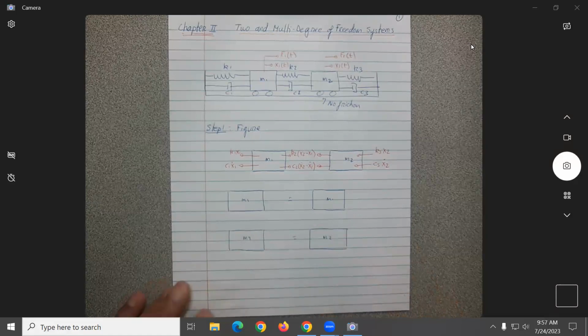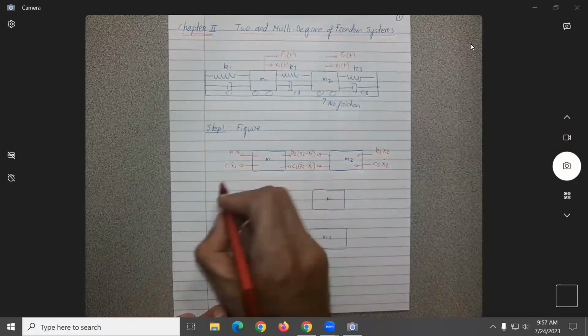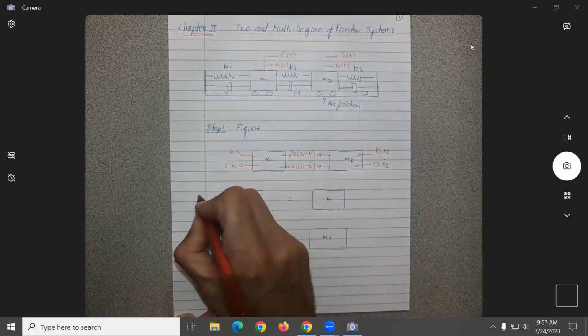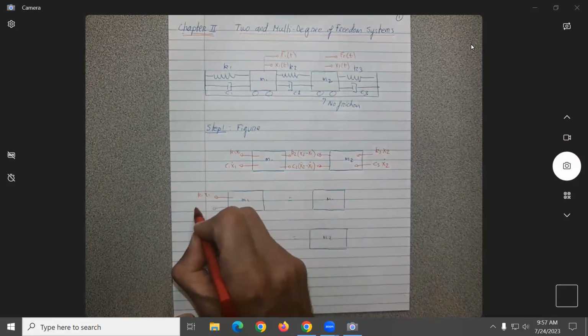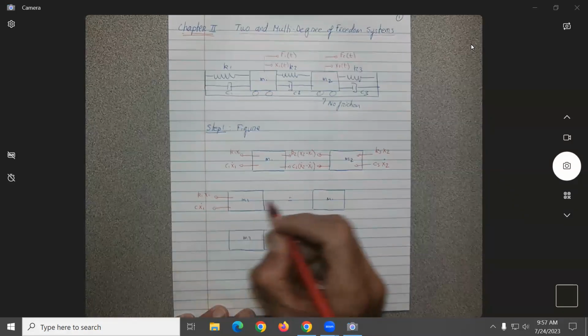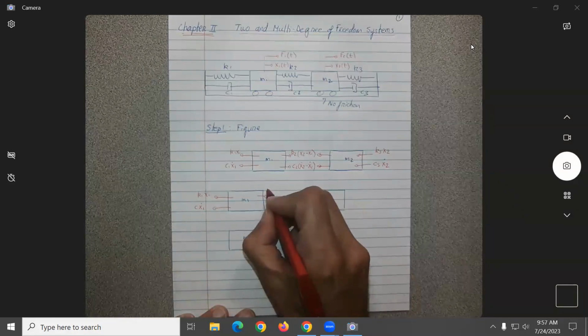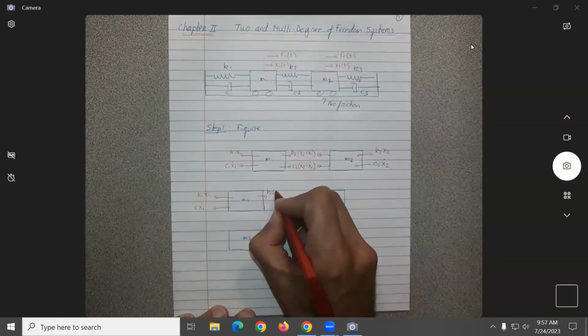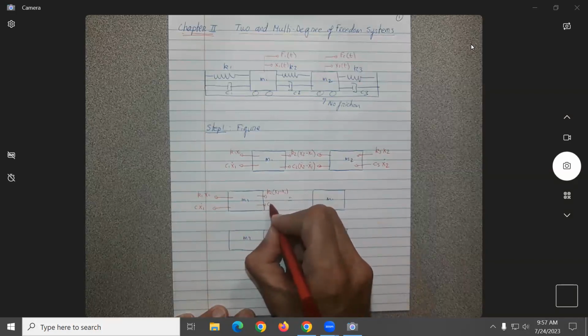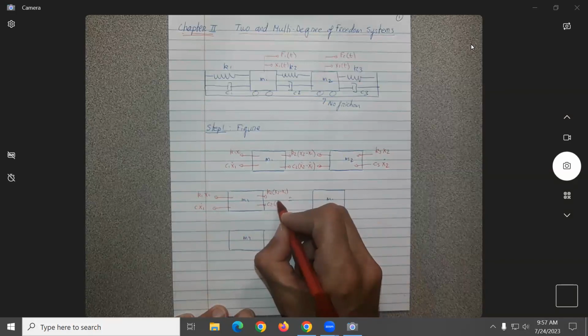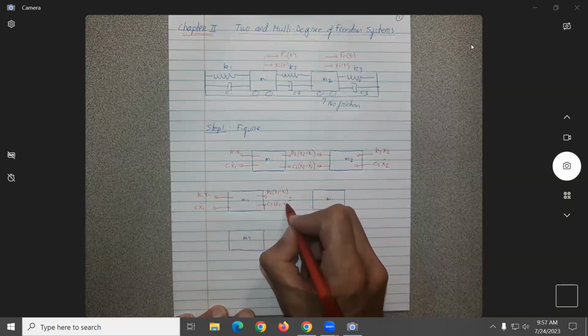So basically, if I just copy the forces, it will be even more forces. We have here K1 x1, C1 x dot 1, K2 (x2 minus x1), C2 (x dot 2 minus x dot 1).